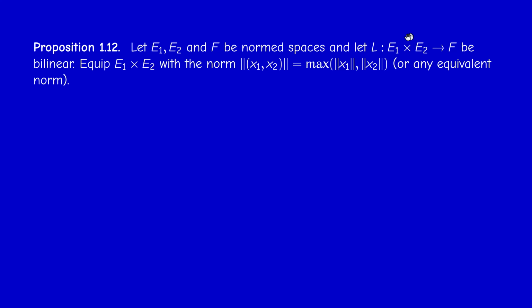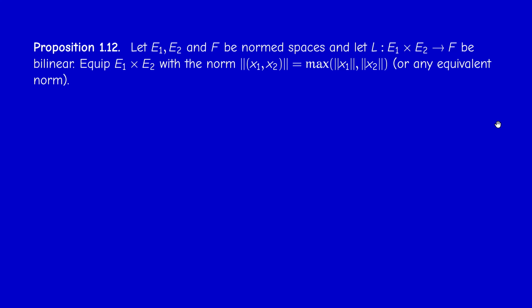We know that we can put several equivalent norms on the product, as we saw in the first video. One convenient norm is just the maximum of the norms of each component. But you can take the sum, or the Euclidean norm if you like, or the p norm. It's the same topology, so continuity doesn't change if I replace this norm by another equivalent norm.